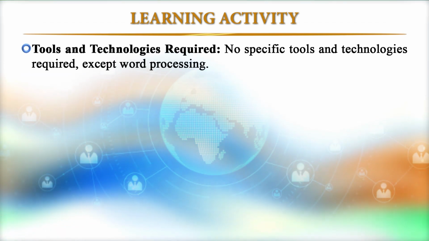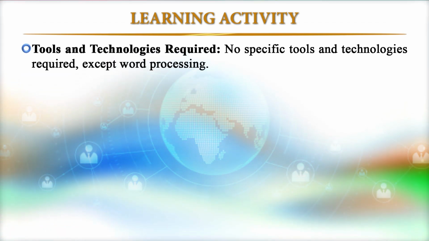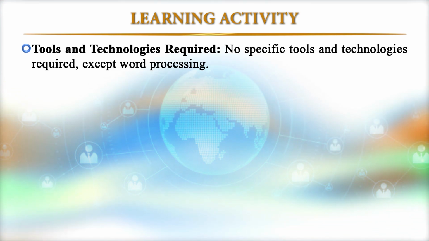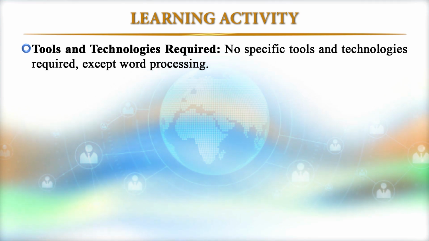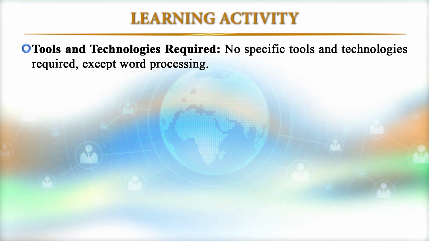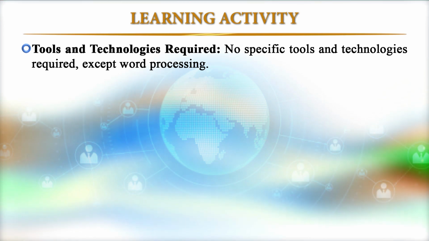And what are the tools and technologies required to develop this activity? Because you are going to write a report, no specific tool is required. You are requested to work in a word processor and you can submit the Word file or PDF file of your report.